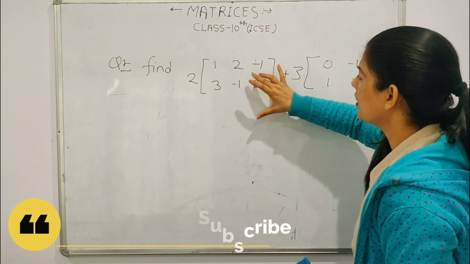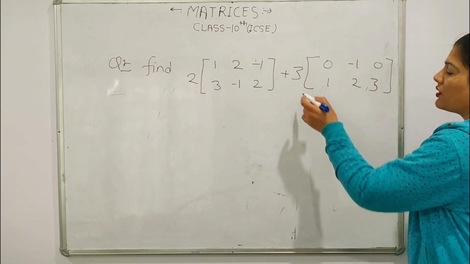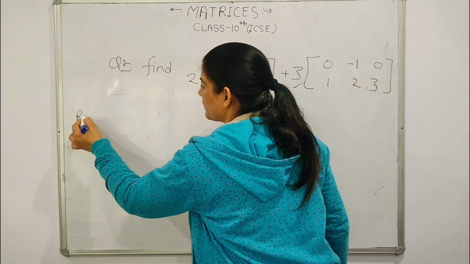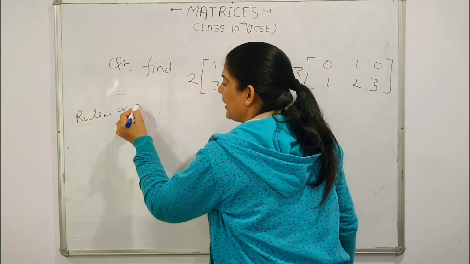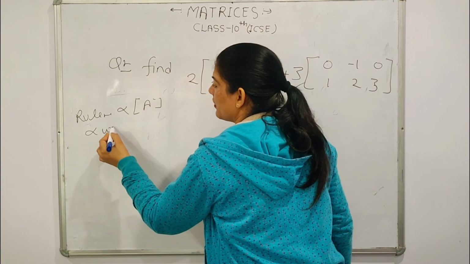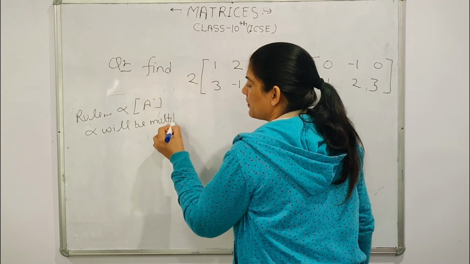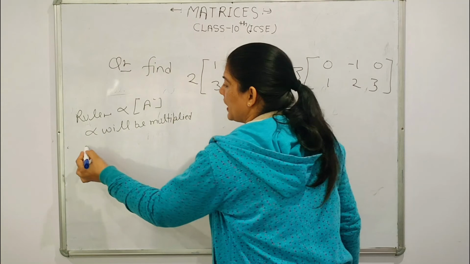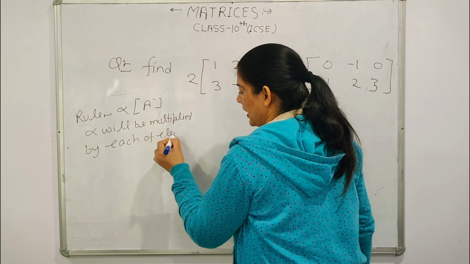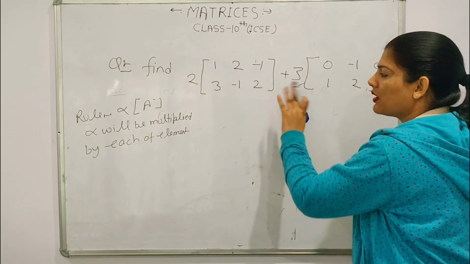The order of the matrix is 2 by 3 here, and here the multiplication is also given by a constant 3. So the rule is, if you multiply alpha with the matrix A, alpha will be multiplied by each of the elements. So that means you have to multiply this 2 with each of these elements.